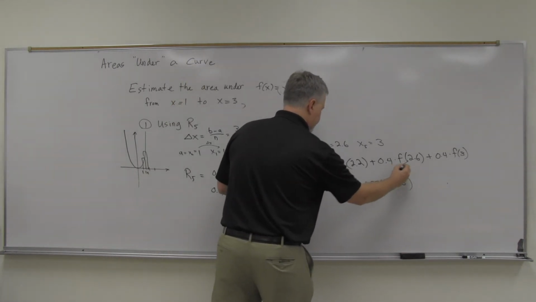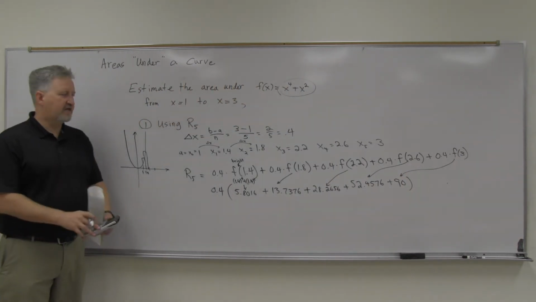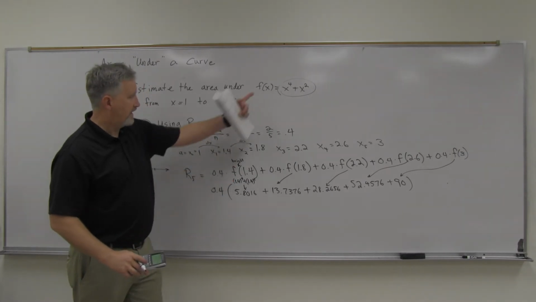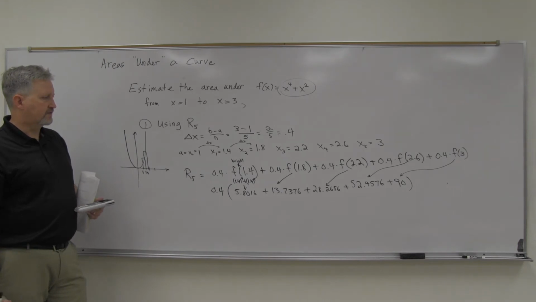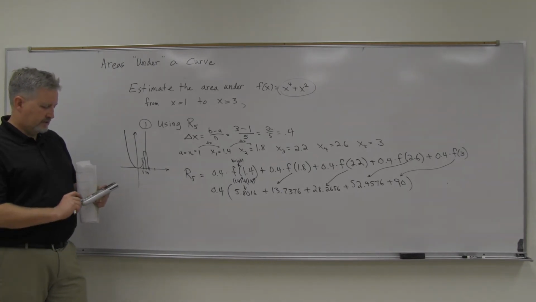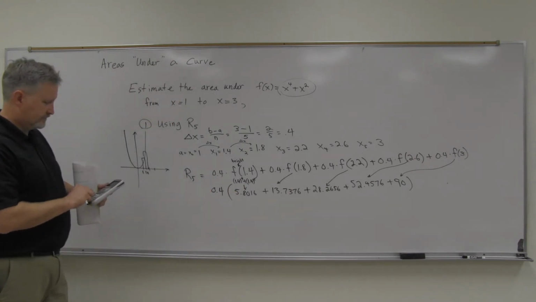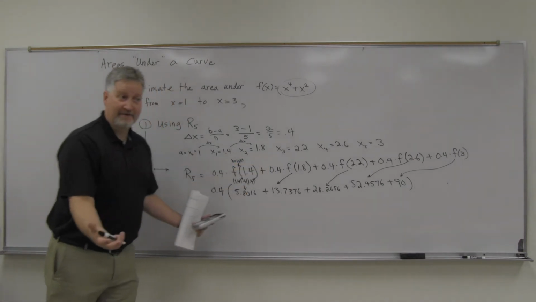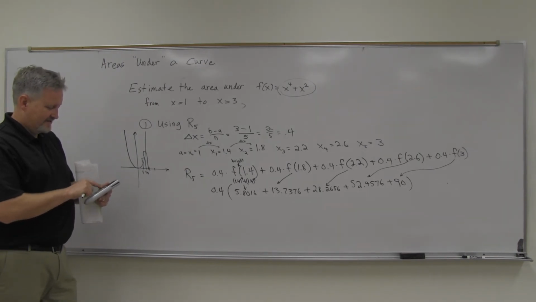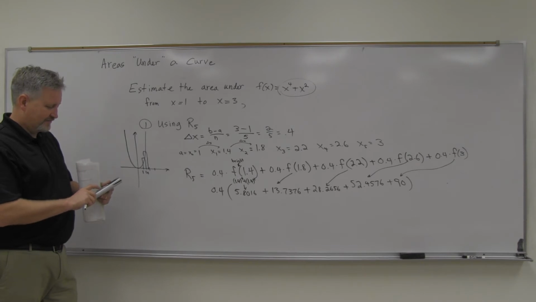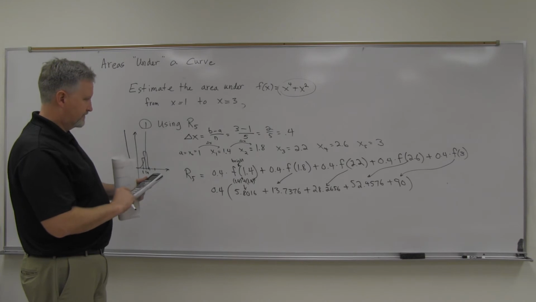So you see how we're getting all those? We're just getting the function values, whether you do it by hand or use the calculator, it doesn't matter to me. Just get those values, and then add them all up and multiply by 0.4, or multiply each one of them by 0.4. I don't care either way, but it seems quicker to just do 0.4 times the sum of all those.